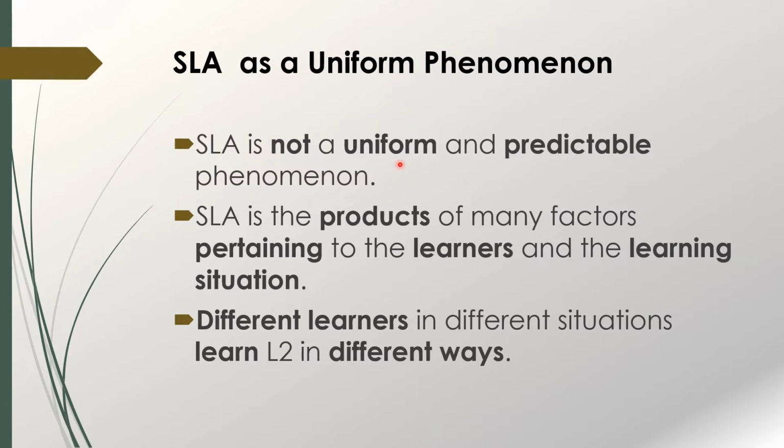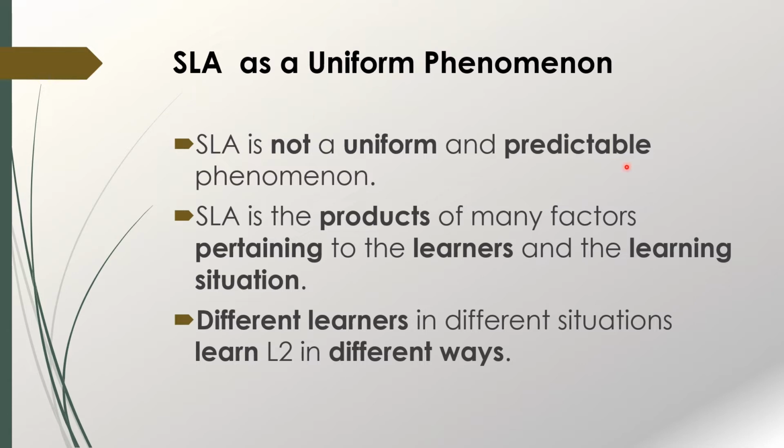But if I consider SLA, it is not the same for all, it is not a uniform or predictable phenomenon, because you cannot give the same t-shirt to everyone. It will not fit everyone. So learning a language will not be similar for everyone.